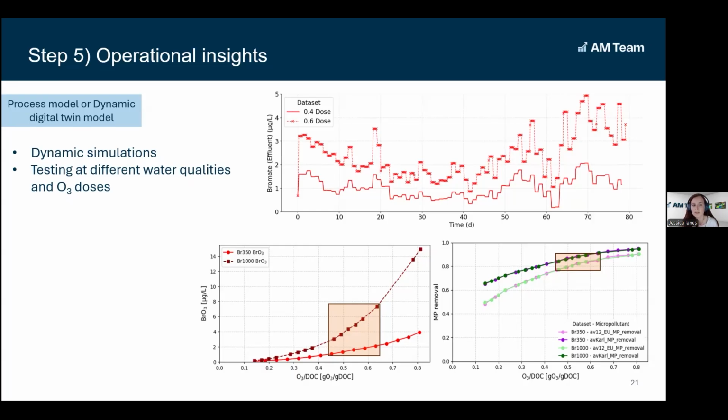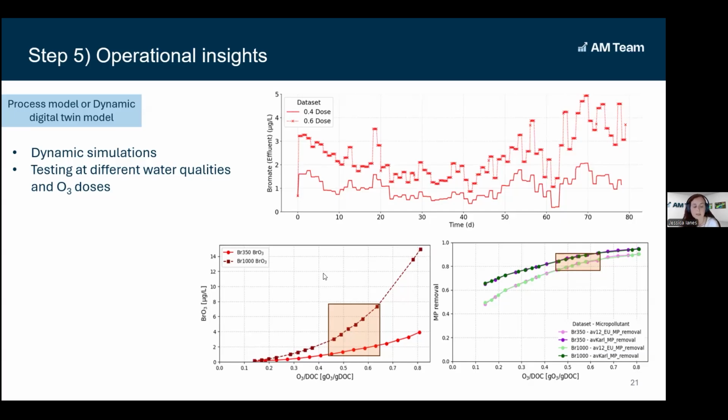There might be the risk maybe in reaching the threshold of 10 or also having higher concentrations. But the answer was no. Even at the higher ozone dose, the bromate threshold of 10 was actually never reached.